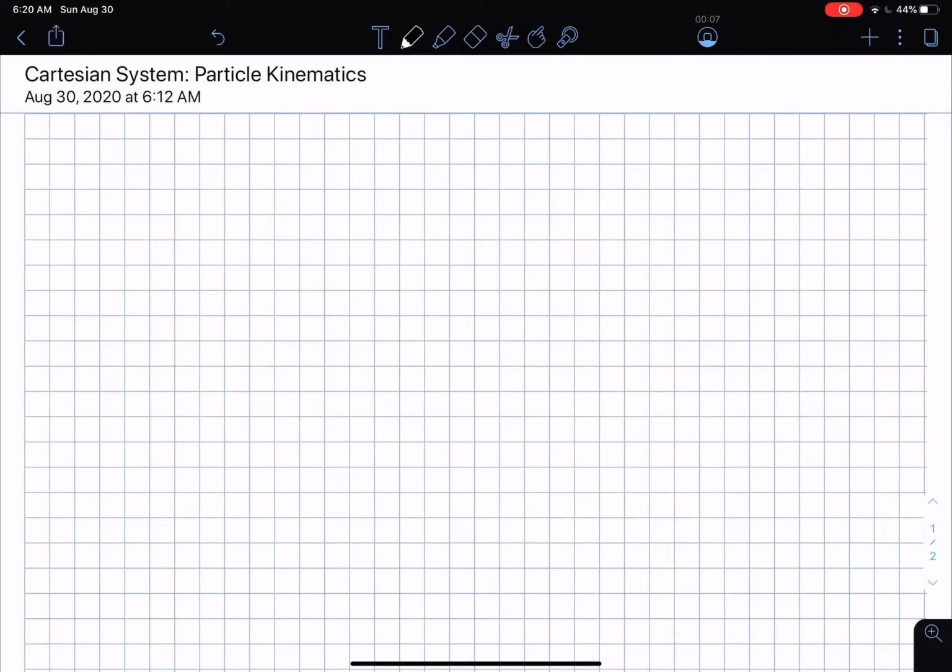Okay, so to start off the lecture, let me consider a particle traveling along an arbitrary path or trajectory.